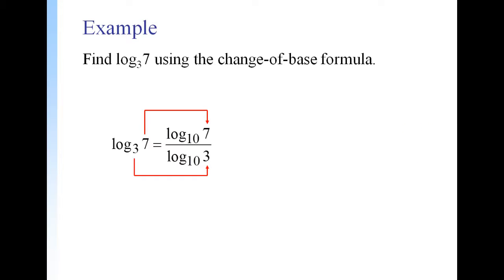So if we were to do this, what will B and M be? Well, it's going to be 7, log of 7 divided by log of 3.